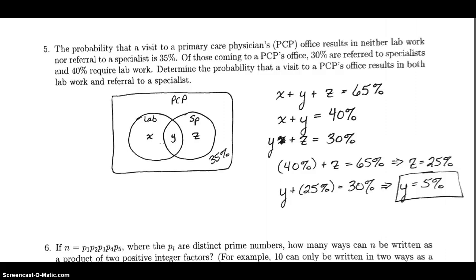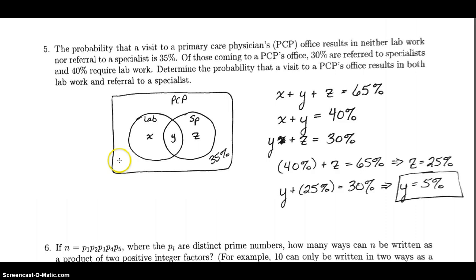Okay, this was a Venn diagram problem. In this case, there were only 2. So we had the lab, and we had the specialist referral. We know that 35% were not referred to a specialist or needed lab work, so they're out here.